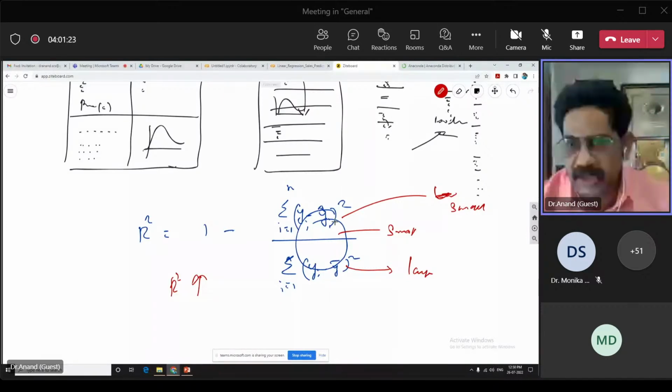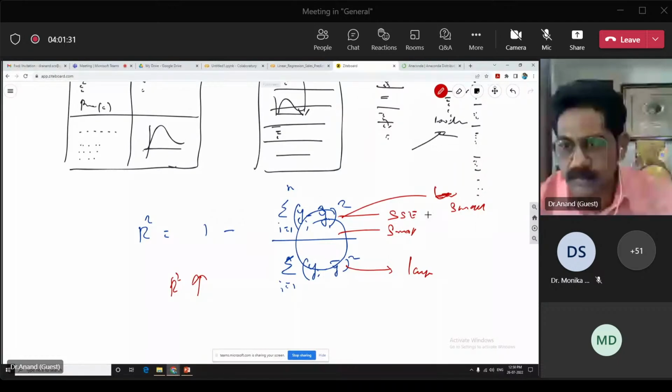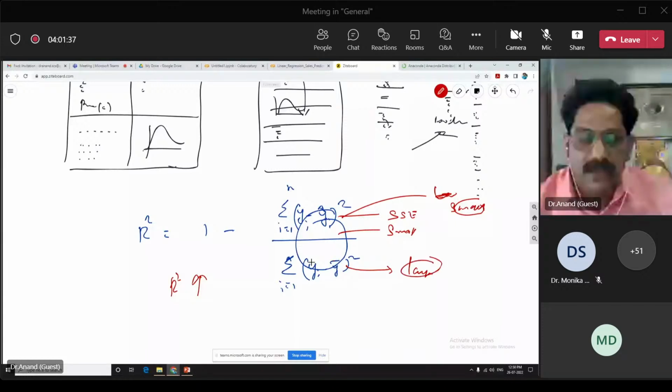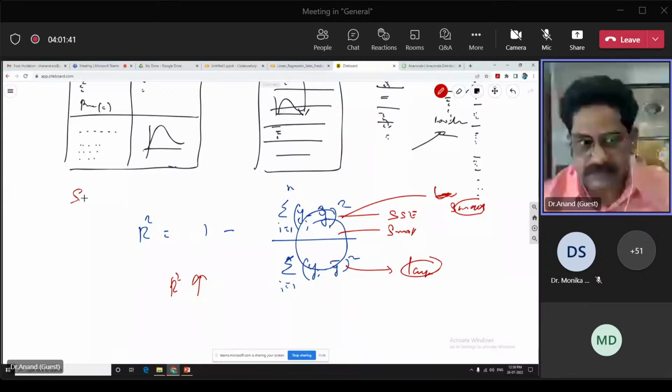This is the sum of squared errors, isn't it? Residue should be minimal. The sum of squares of the residues should be minimal. Logically, yes, we need to have a small residue. Let us talk about the denominator. What is y minus y bar whole square? It should be larger. The distribution of y should be larger, because here you are going to predict the sales. The spread of sales should have a larger distribution.